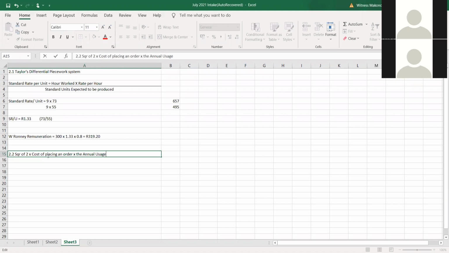All these should be in brackets, divided by the holding cost. Or the holding cost of 1 unit. Let me say holding cost per unit.